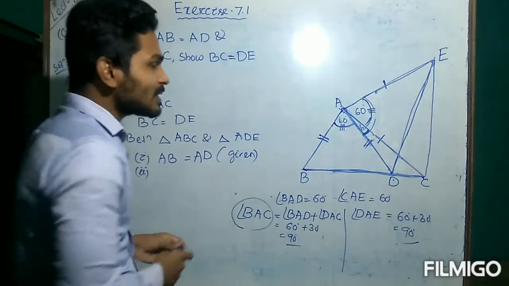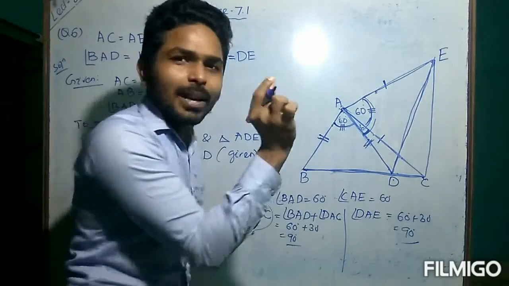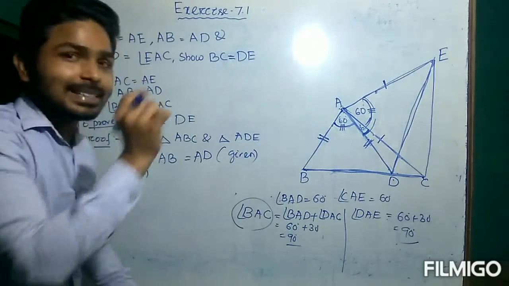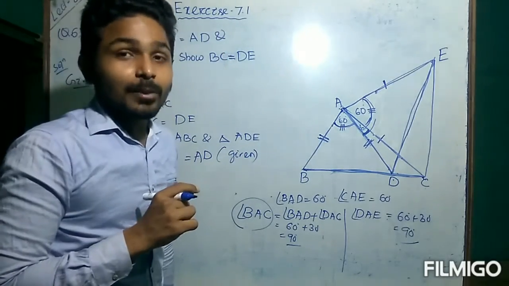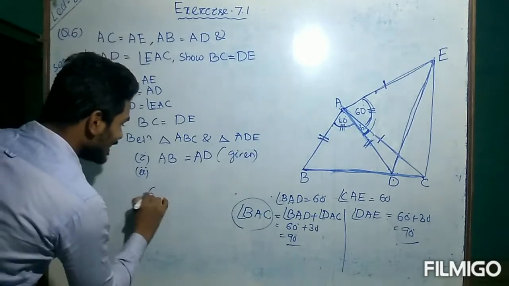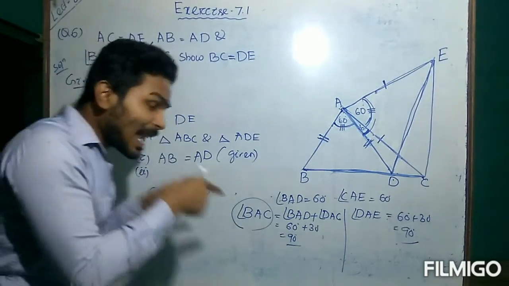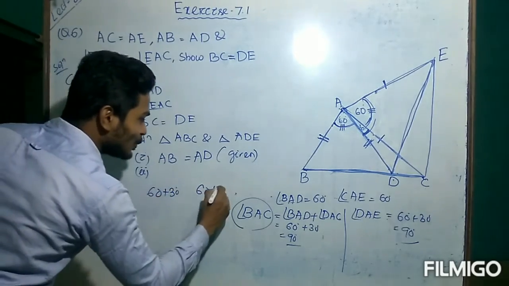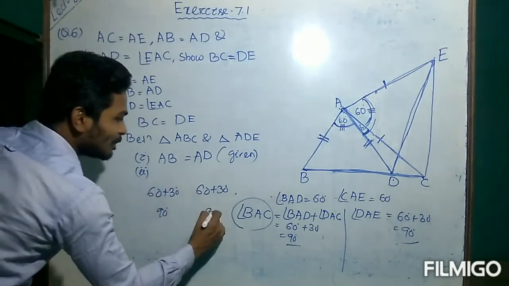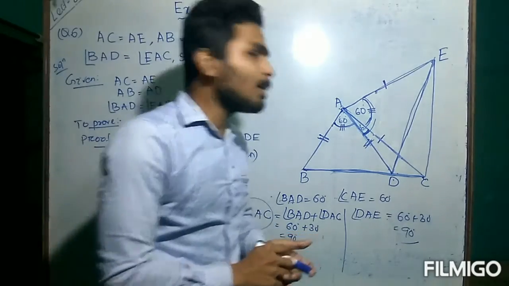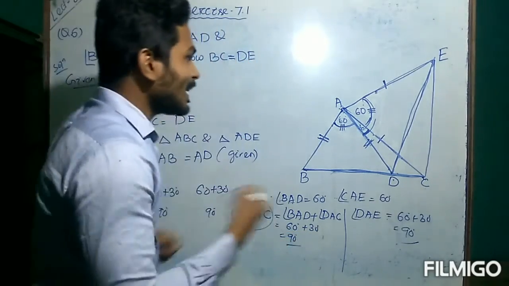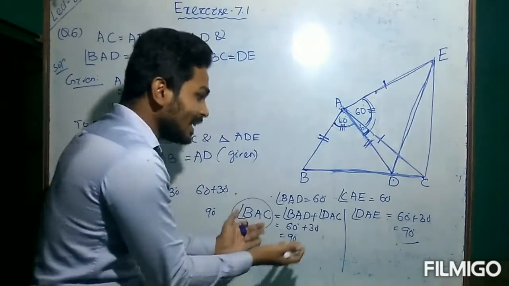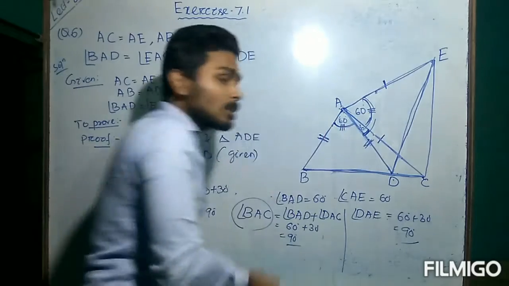Why are they equal? Because this small angle is common to both angles, and both the angles are equal, we know from the axiom, recall chapter number 5: if the same number is added to two equal numbers, then the results will be equal. This is, I think, axiom number 5.2. Since it is the common angle, this angle plus this angle is 90, and this angle plus this angle is also equal to that.